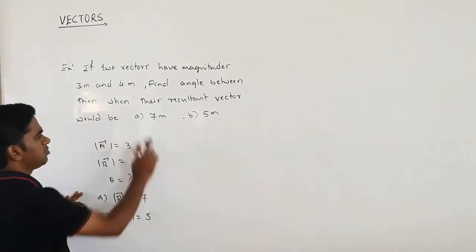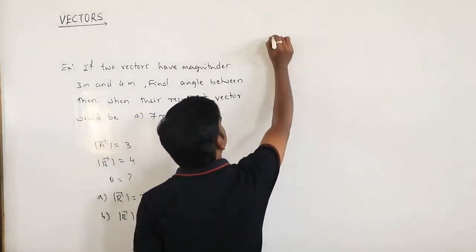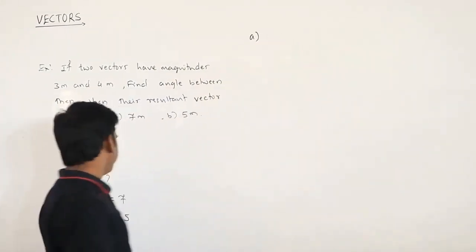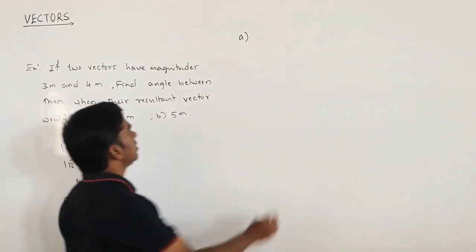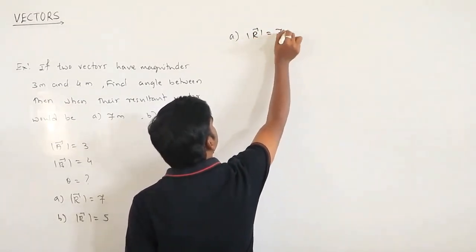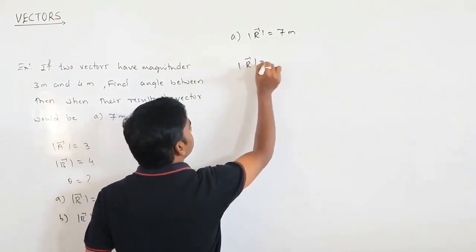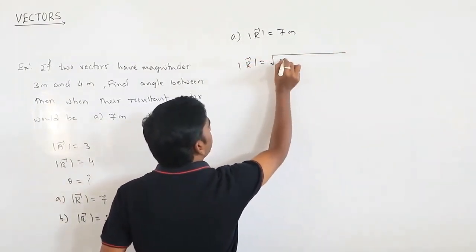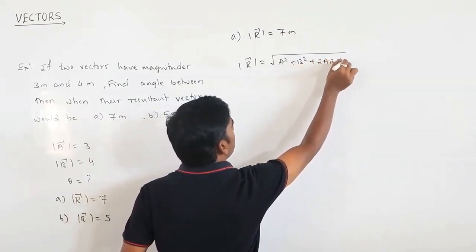So I will take first one A. So to solve A, first we can solve with A. So what is the formula for resultant? So resultant they have given 7 meter. So we know that the resultant is equals to root of A square plus B square plus 2AB cos theta.